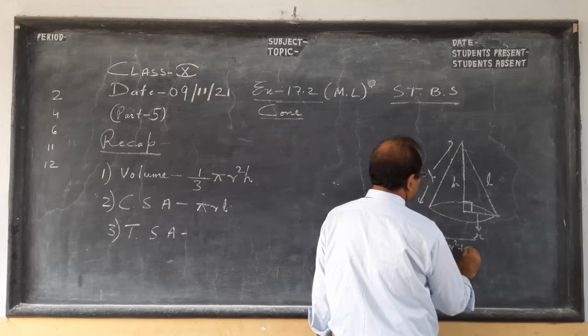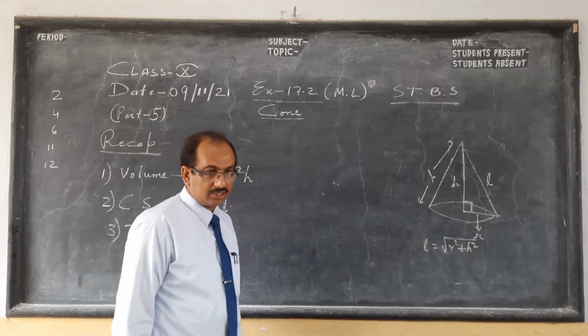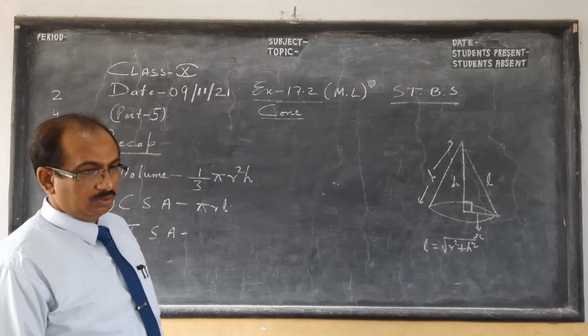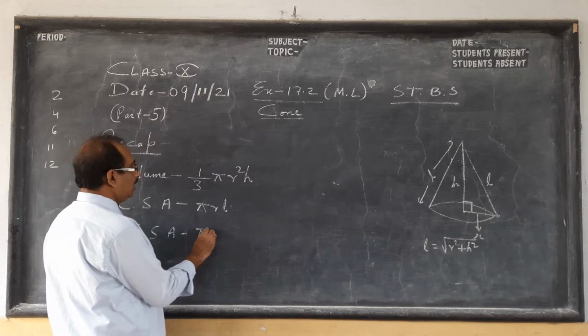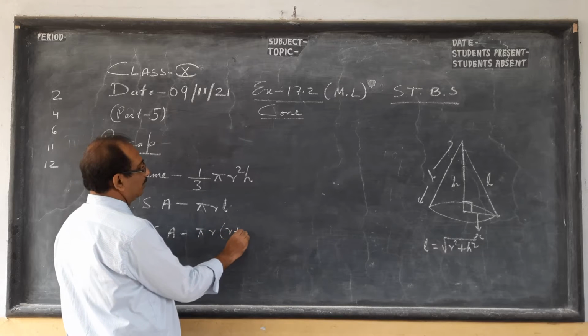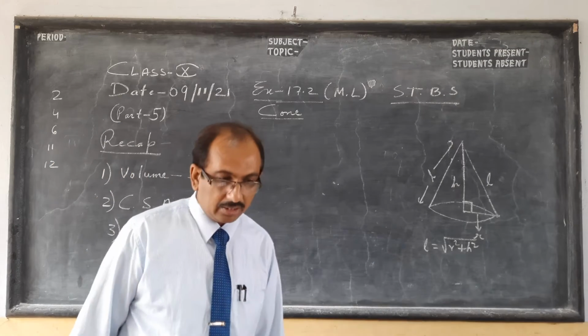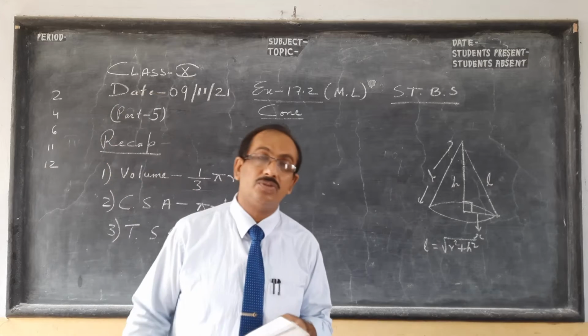So L is root over h square plus r square. So we have total surface area pi r (r plus L).